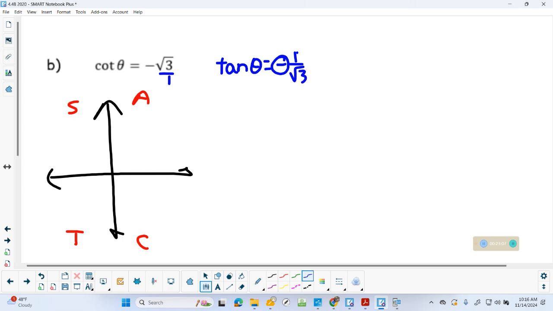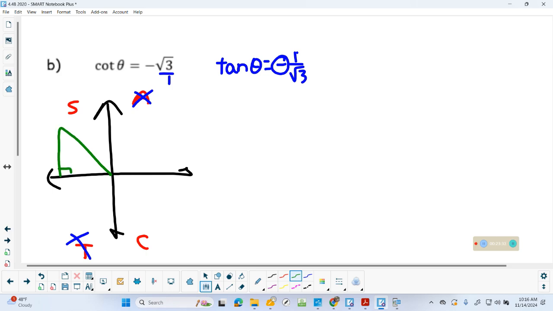Process of elimination. Well, I can't draw in the A because everything's positive there. We have negative. And I can't draw in the T because tan is positive over here. We need it negative. So I am down to 2 and 4. So I'm going to draw the triangles in 2 and 4. Because remember, 2 answers. I'm going to start here in 2, and then I'll get the one for 4.